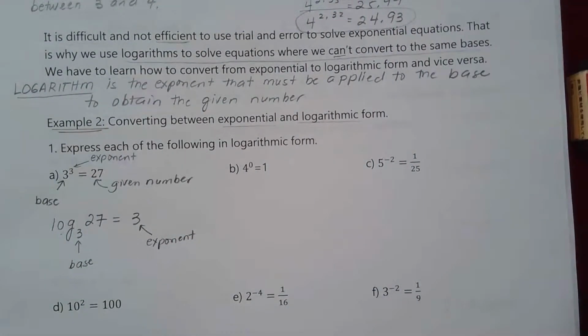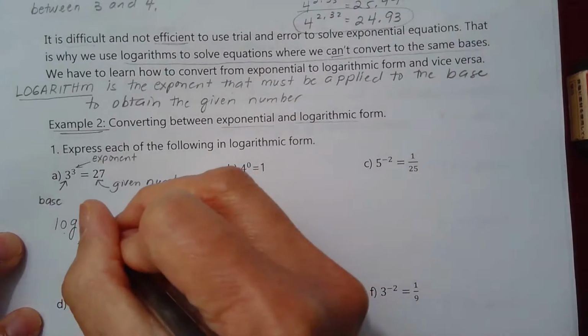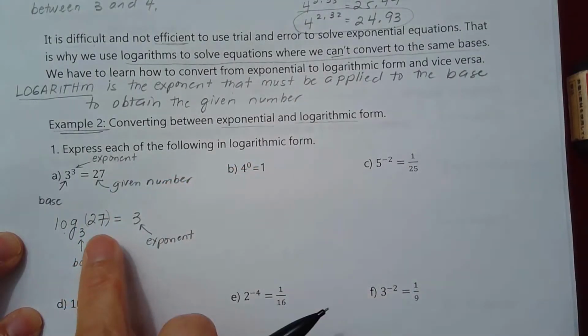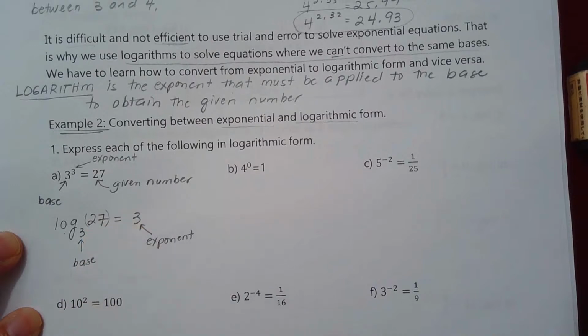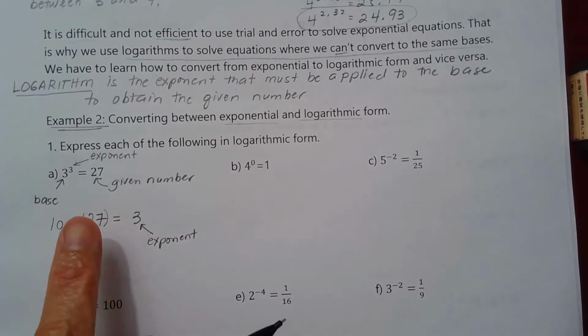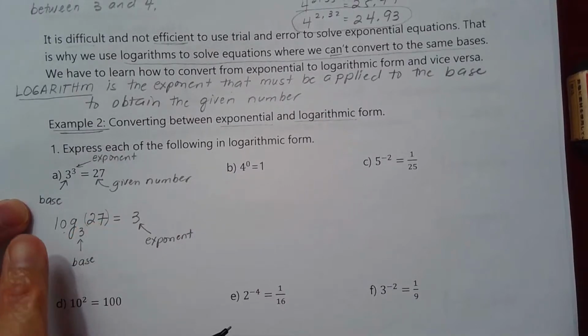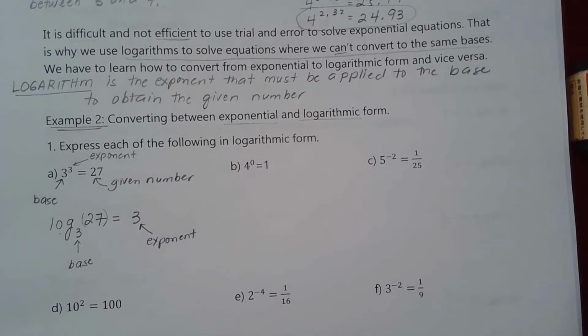Okay. And then the 27 is the given number that we're trying to figure out what we should apply to get 3. So what we could do, okay, here's another thing that I could write about.